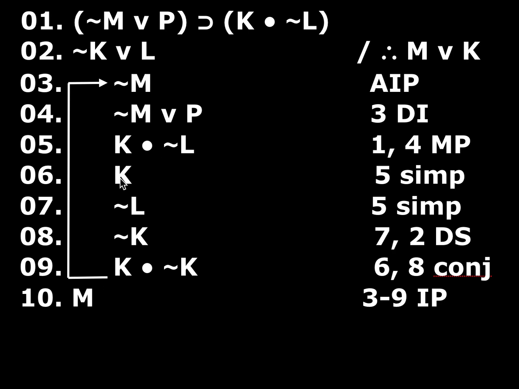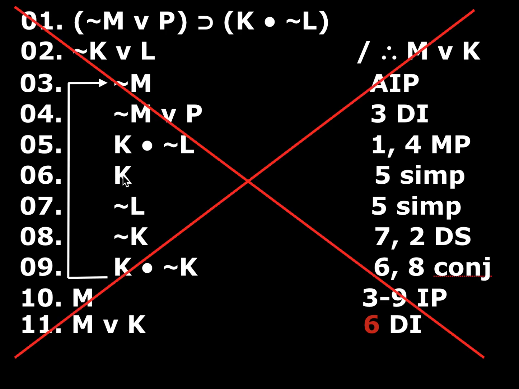Suppose instead you saw this K here, and you said, oh, I know, I can get M or K by doing DI on line 6. No, because here, after the subproof has been closed, you're trying to cite a line that's in that closed subproof, and you can't do that. Once you've closed the subproof, this is all quarantined.